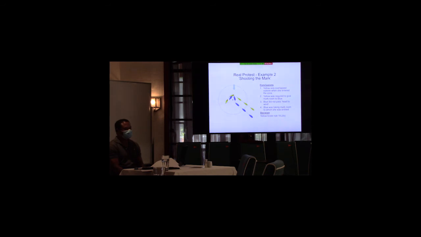And the answer is you can't. You must go back and re-round the mark. But unfortunately, this is one of those situations where you cannot get redress. So you might apply for redress, but you would not get redress in this situation. You would protest, and the other boat would probably be disqualified. But that's as far as it goes.